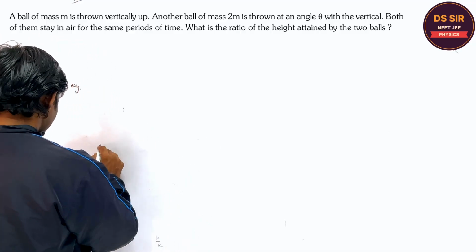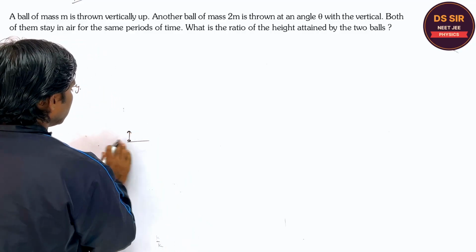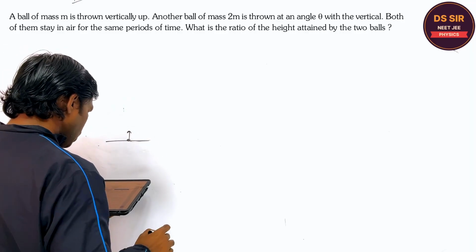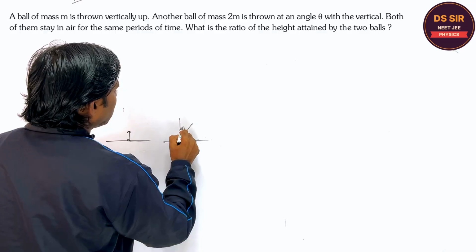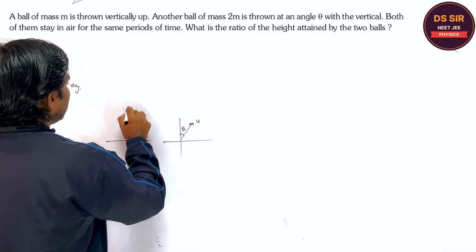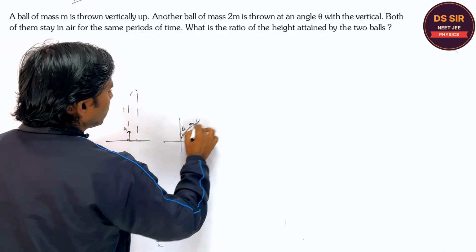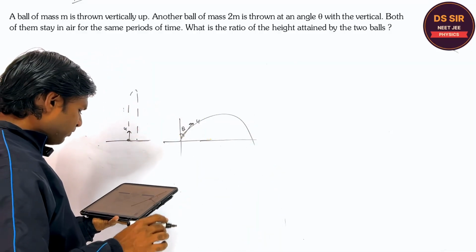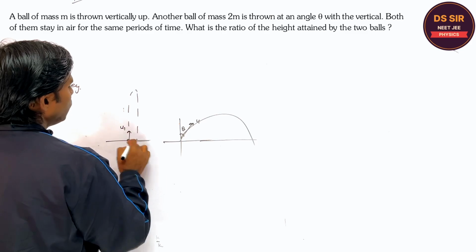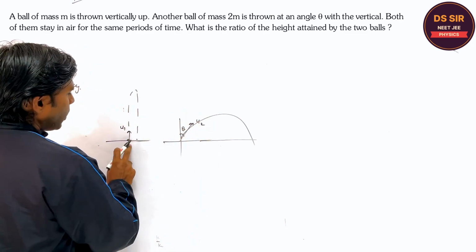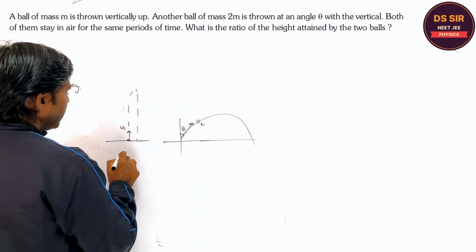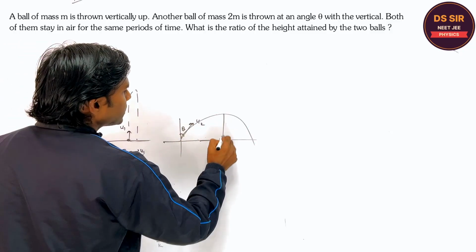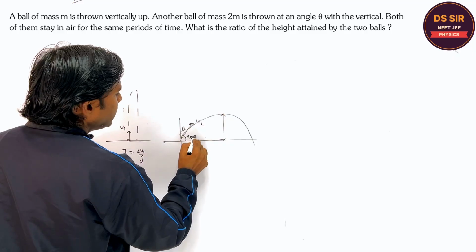Right, the mass m goes vertically upward, and the mass 2m at angle theta with the vertical moves like this. So both stay in the air for the same time period. Suppose the speeds are u1 and u2. So what is the time of flight in this case? T1 is 2u1 upon g. Fine. In this case, if it is theta with the vertical, this is 90 minus theta.